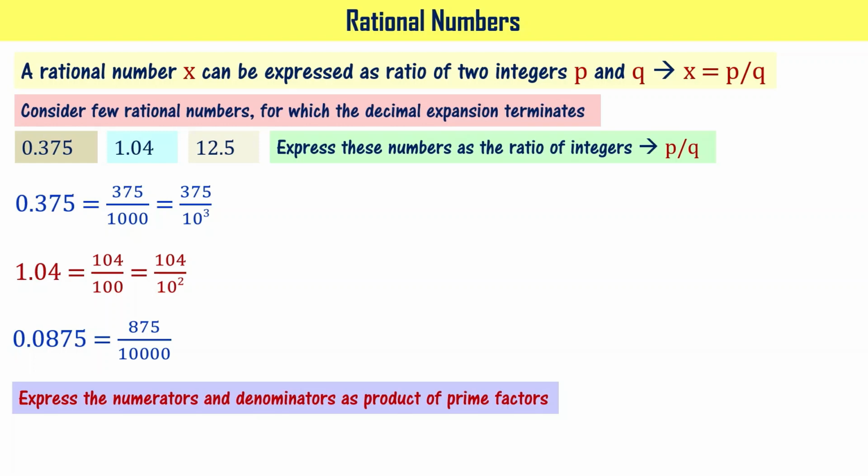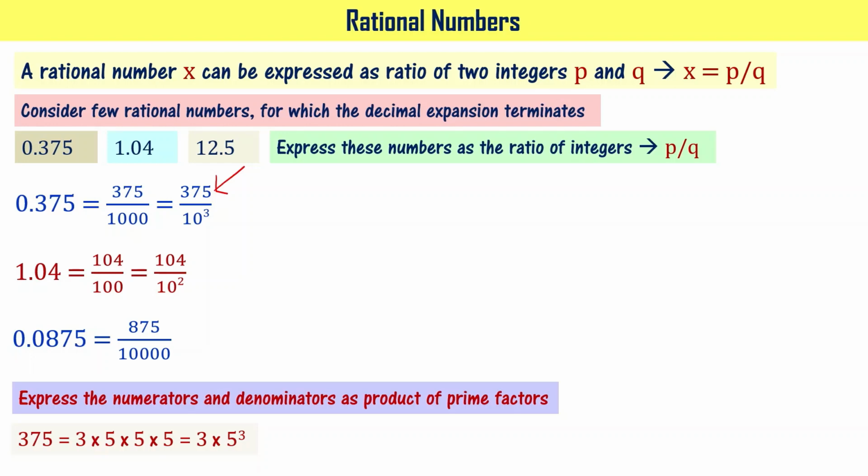Now let us express the numerators and denominators of these numbers as a product of prime factors. For example, if I take the 0.375 case, 375 can be written as 3 times 5 cube, right? And 10 cube can be written as 2 times 5 whole cube.